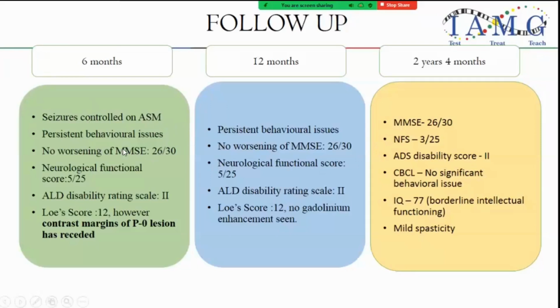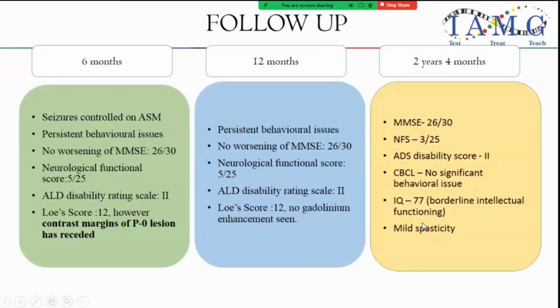So seizures got controlled. Behavioral issues were there initially. The scores remained almost static, and even at 12 months the findings were almost similar. The Loes score on MRI remained static, but there was no gadolinium enhancement, which was there initially, indicating that the inflammatory process is resolving or has stopped.